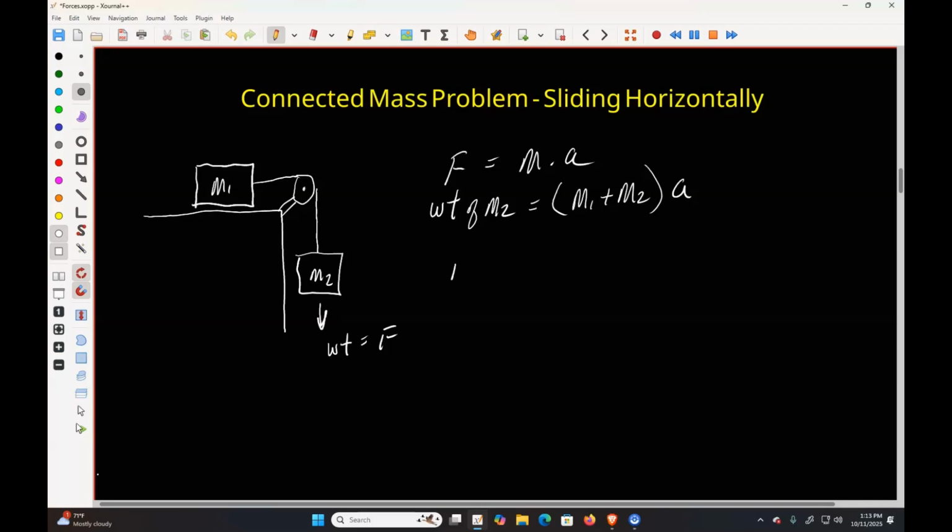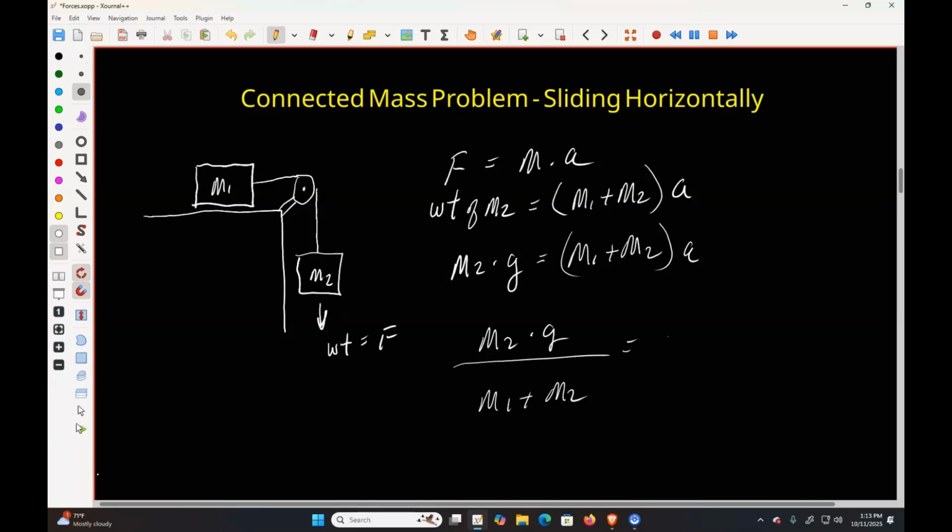The force is mass 2 times gravity, so we can say then acceleration is mass 2 times gravity divided by the sum of the masses of mass 1 and mass 2.